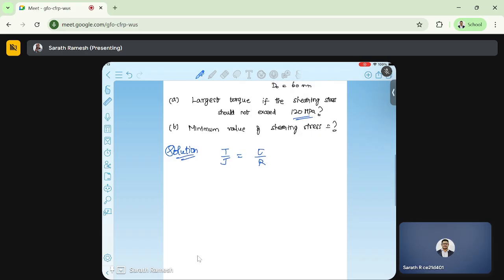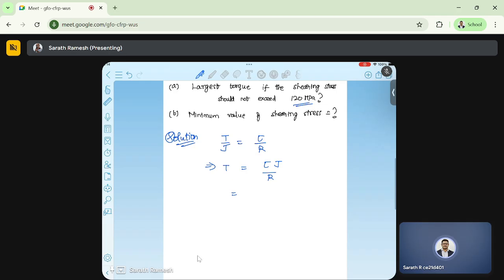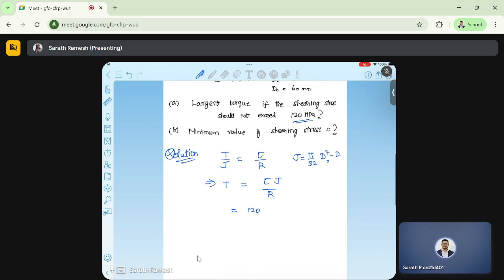Now we need to find T. So T equals tau J by R. Tau is 120. What is J? J is the polar moment of inertia for a circular section, pi by 32 d to the power 4. Since it's hollow, d outer to the power 4 minus d inner to the power 4.